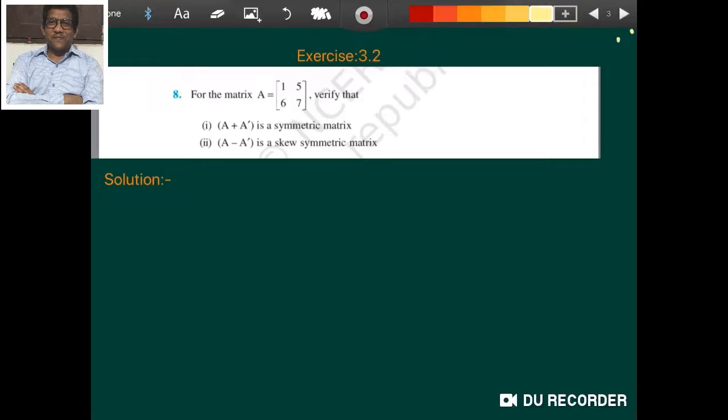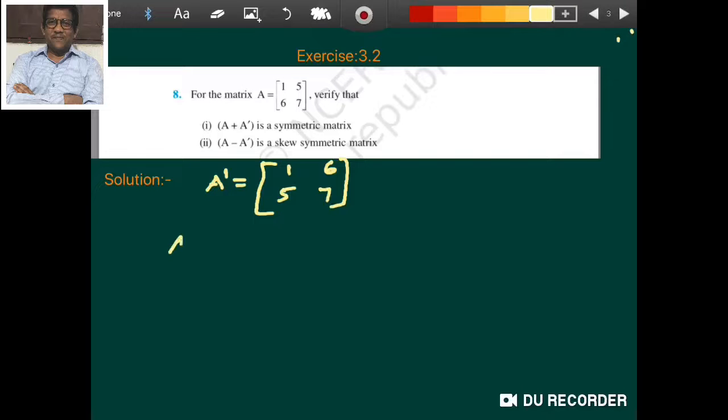Now in question number 8, for matrix A, we have to verify that A plus A dash is a symmetric matrix and A minus A dash is a skew symmetric matrix. First we find A dash by interchanging the rows and columns.